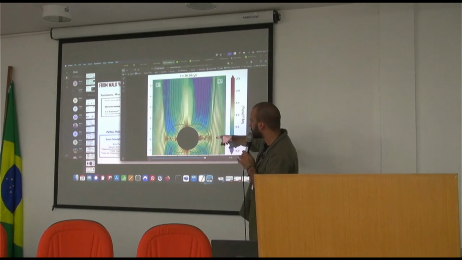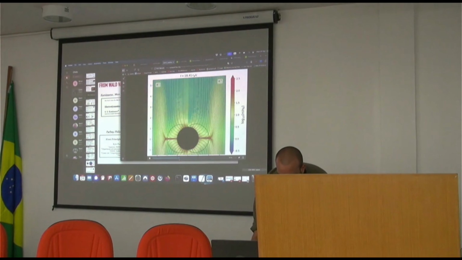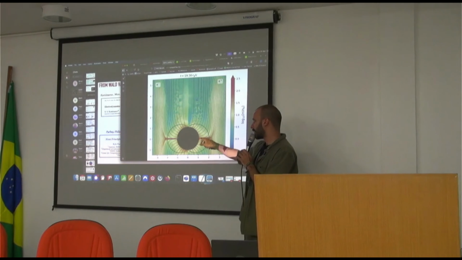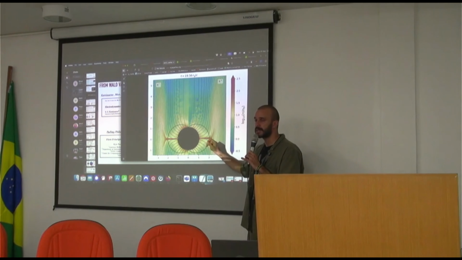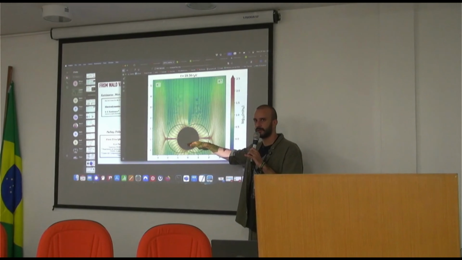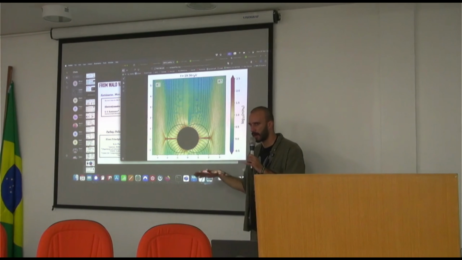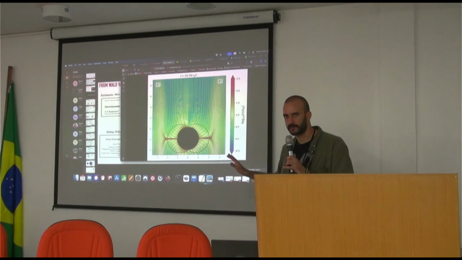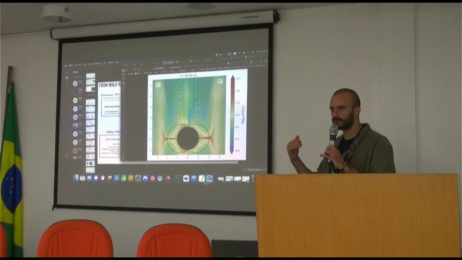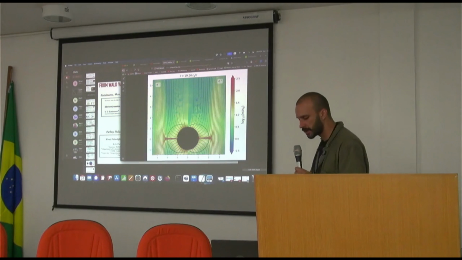Then we have some interesting effect occurring here, which we will discuss in a second. But this red line here is basically the same feature that I showed you before. It's a current sheet. It's a layer of current on the equator of the black hole, which naturally forms without basically any assumption. So this is a rather common feature of black hole magnetospheres.